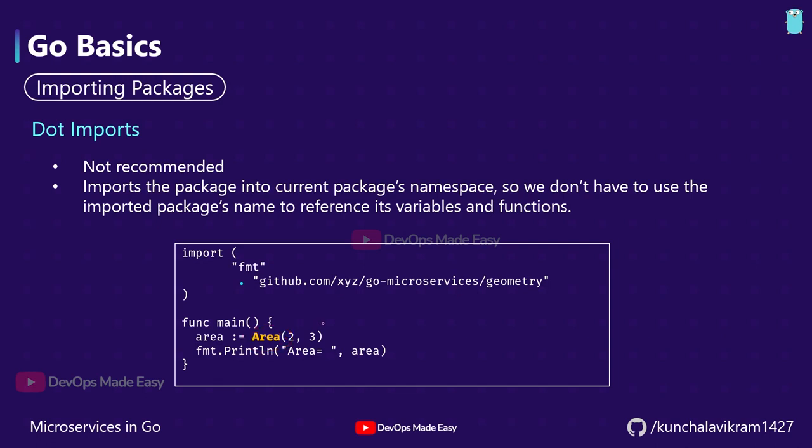But the problem with this kind of dot import is, let's say two different packages have the same function area, it creates confusion, because this area might belong to one package, or at the same time it can also belong to some other package. So it creates a lot of confusion, so it is not at all recommended to use dot imports.